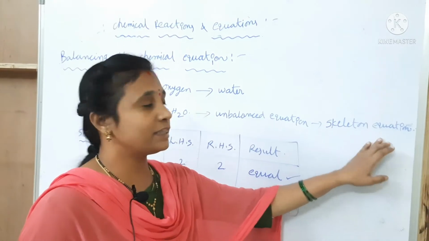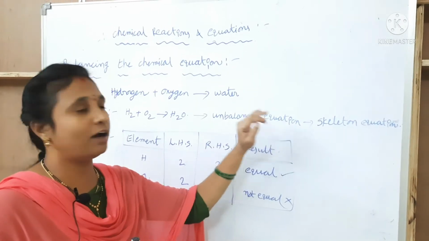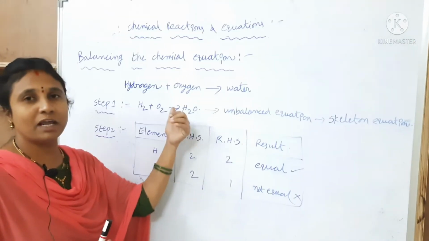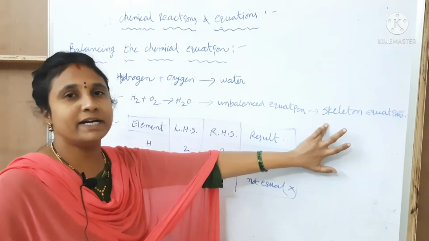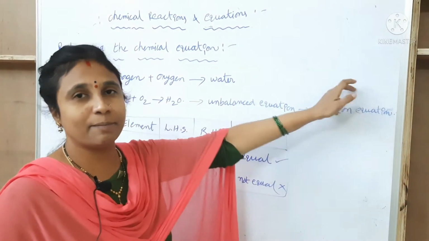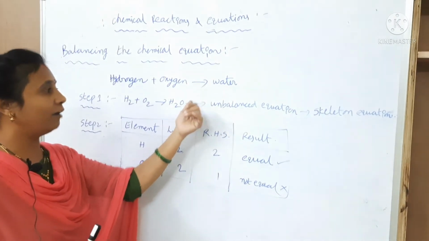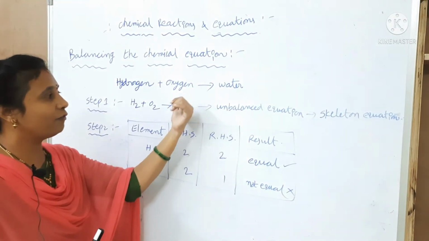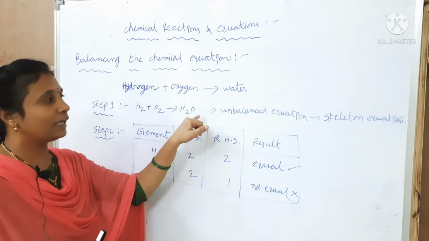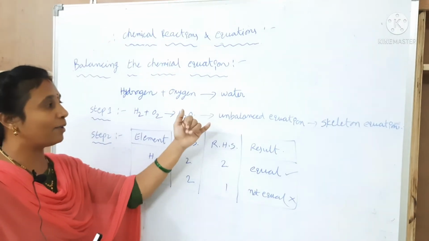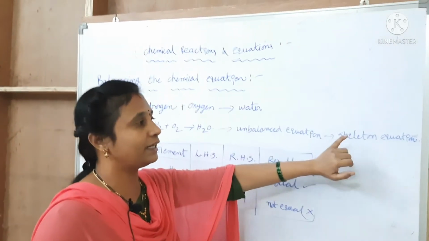The skeleton equation is nothing but the unbalanced equation which contains only the chemical formulae of the compounds. Here the compound is water, and the chemical formula for water is H2O. The given equation is unbalanced, so this is known as the skeleton equation.